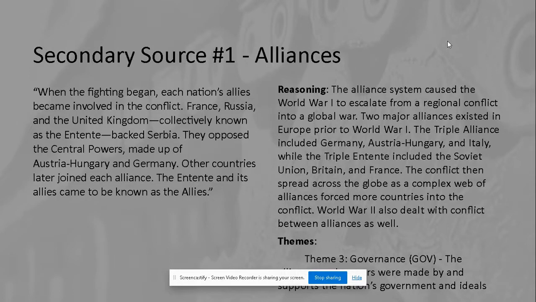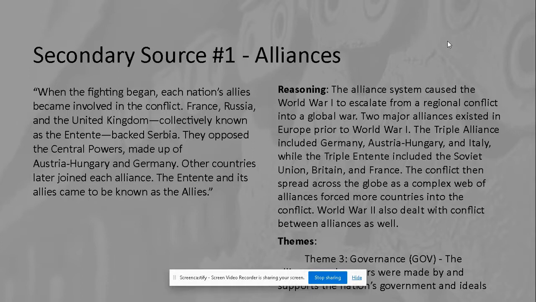Secondary source: alliances. The alliance system caused World War One to escalate from a regional conflict into a global war. Two major alliances existed in Europe prior to World War One.